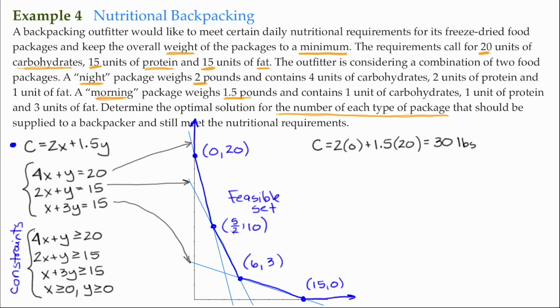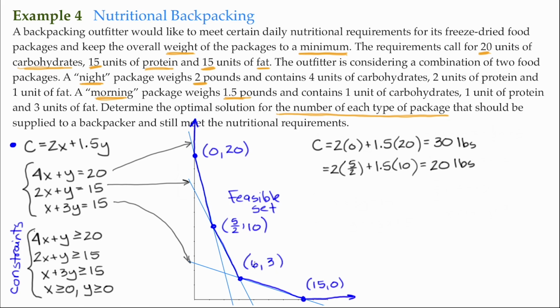We'll try this one here. 2x, and that's 5 halves, plus 1.5y, which is 10. 2 times 5 halves is 5. 1.5 times 10 is 15. 5 and 15, that's 20. Again, this is pounds.